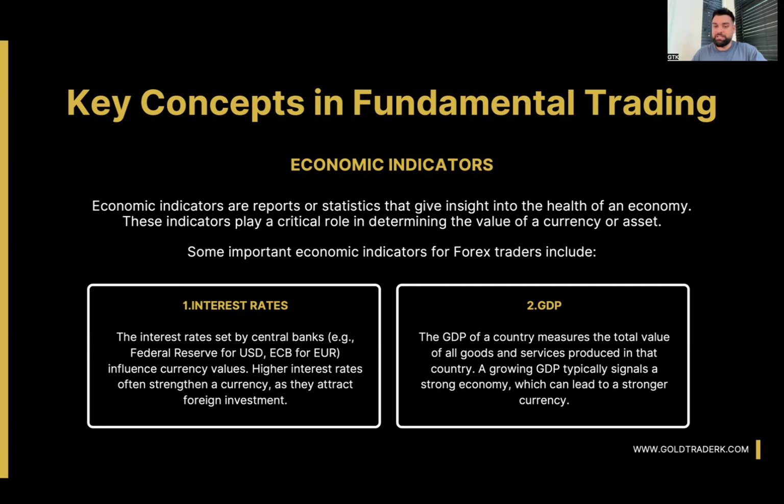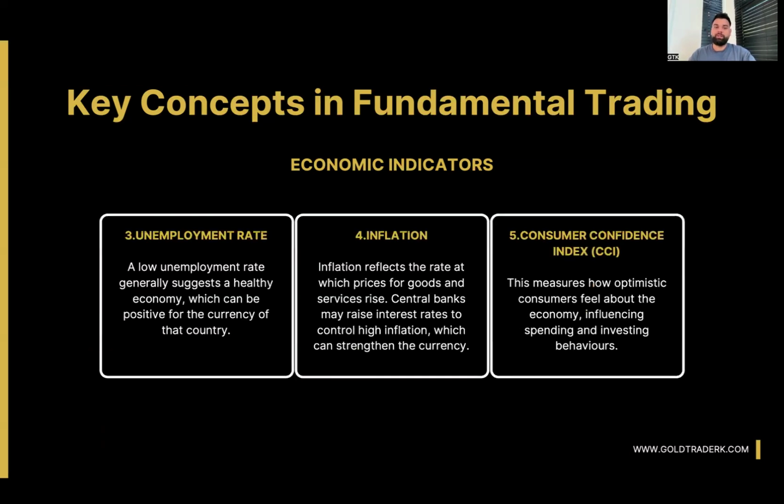Number two, GDP. The GDP of a country measures the total value of all goods and services produced in that country. A growing GDP typically signals a strong economy, which can lead to a stronger currency. Number three, unemployment rate. A low unemployment rate generally suggests a healthy economy, which can be positive for the currency of that country.